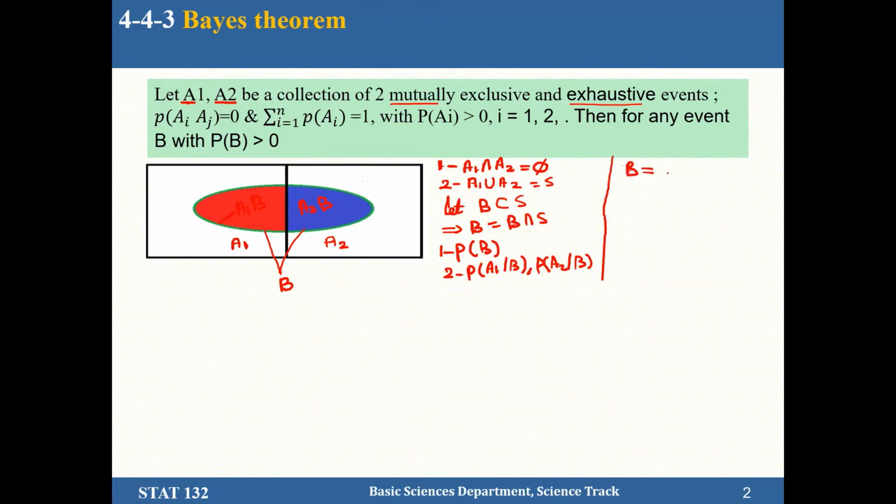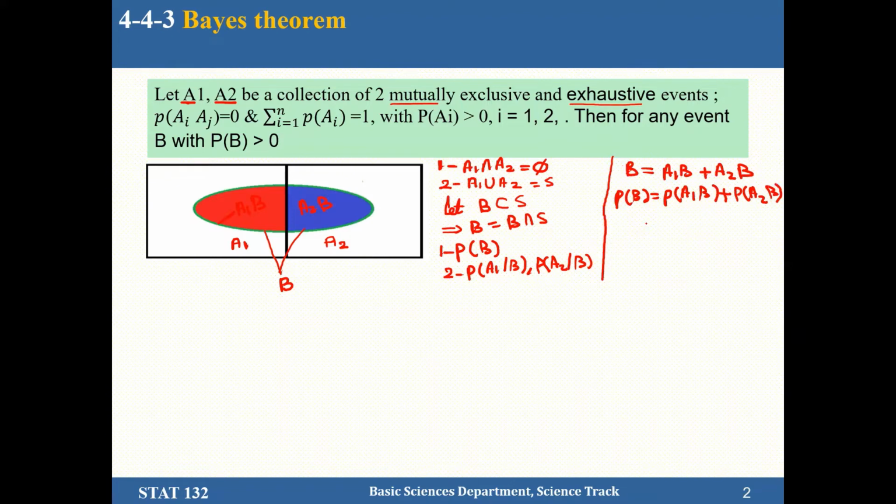So B equals A1B plus A2B, and P of B will equal P of A1B plus P of A2B.